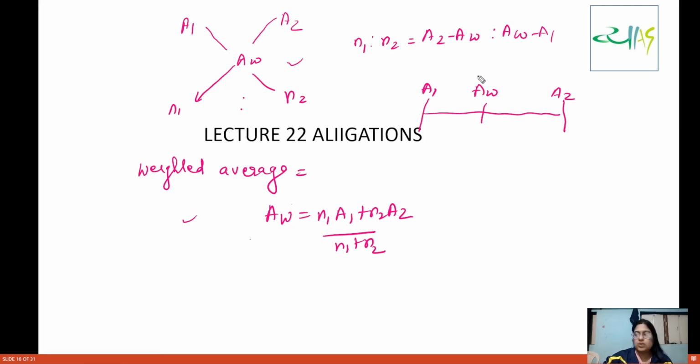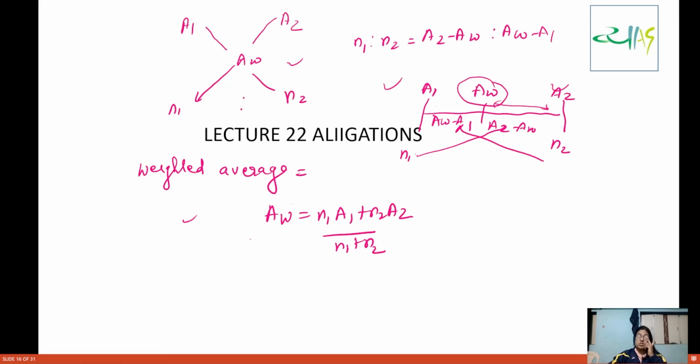For any averages A1 and A2, we will have the weighted average in between those averages. So we will write N1 here and N2 here. Then this N1 is responsible for this distance, that is A2 minus AW, and this N2 is responsible for this distance, that is AW minus A1. So in this way we can do things, and I showed you more methods of doing such things.